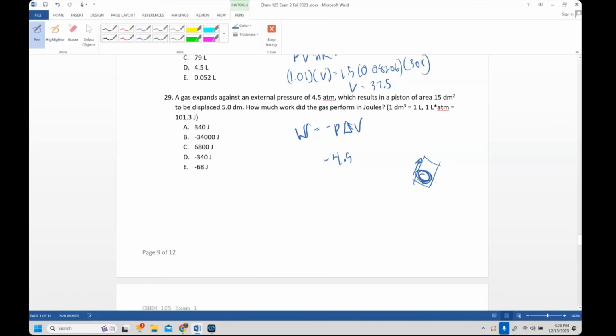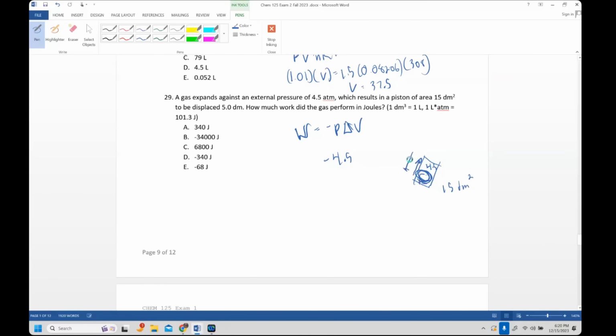The pressure of 4.5 is actually up here. It's an external pressure, and the piston is moving against that pressure. This results in the piston, whose circle has an area of 15 decimeters squared, being displaced 5 decimeters.